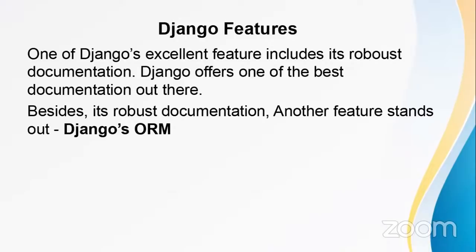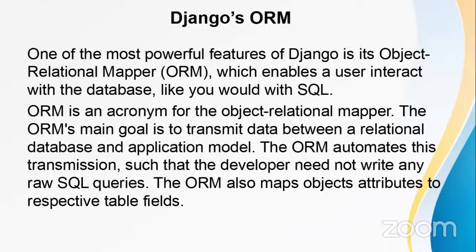Now, another feature, like I mentioned, is Django's ORM. So what is ORM in general? ORM stands for Object Relational Mapper. It enables a developer to interact with the database like you would with SQL.